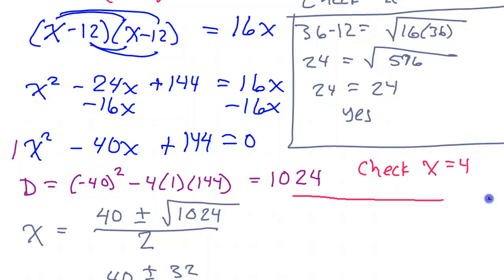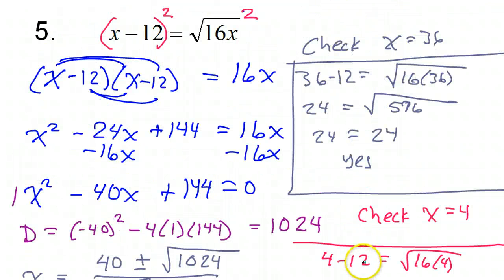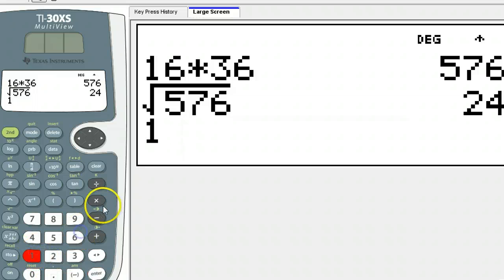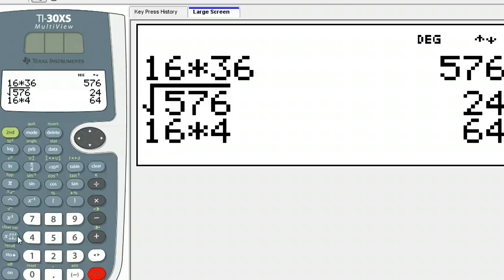If x equals 4, then what we have is 4 minus 12 is equal to the square root of 16 times 4. I already see a problem, because 4 minus 12, that's a negative number. Okay, that is negative 8 equals. Now, it doesn't really matter what this is, but 16 times 4, just to be thorough, is 64.